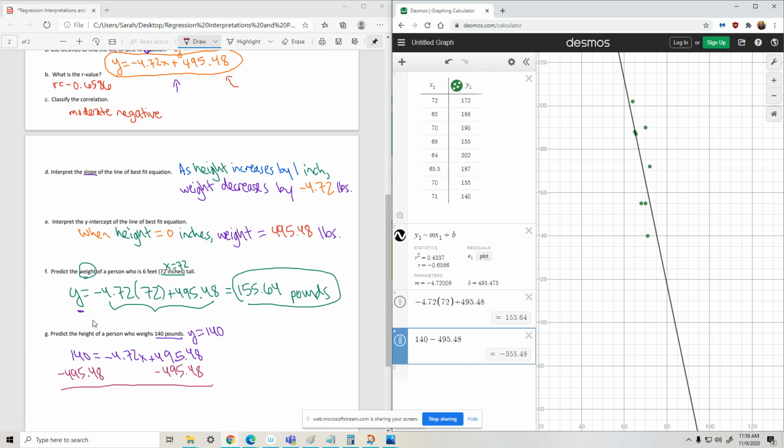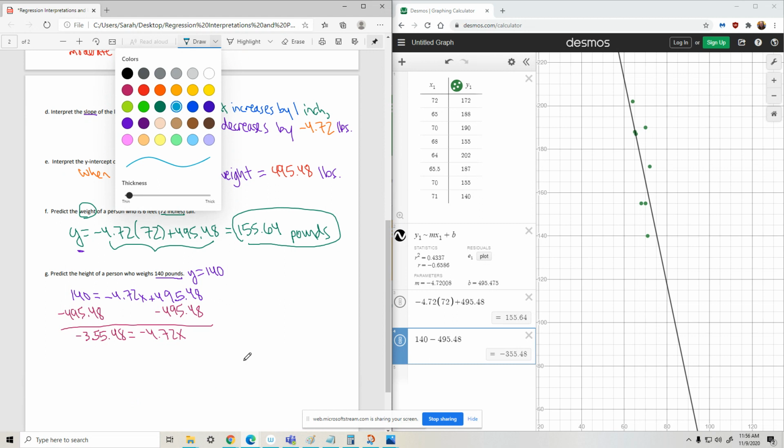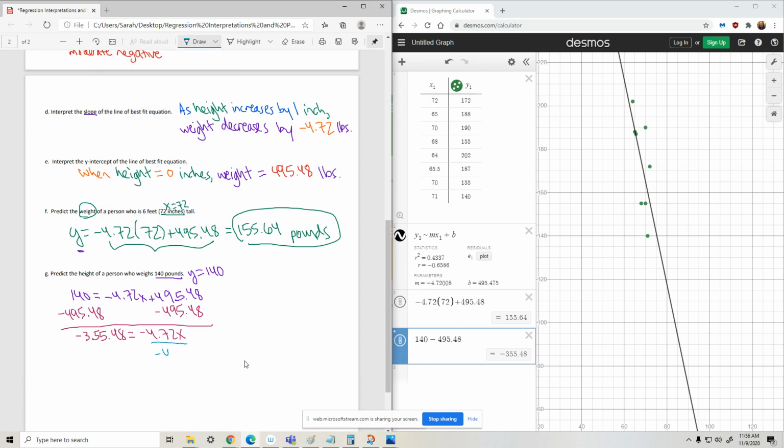We get negative 355.48 when we do that. And then last but not least, we need to divide to get x by itself. And we can have Desmos help us with that division as well.